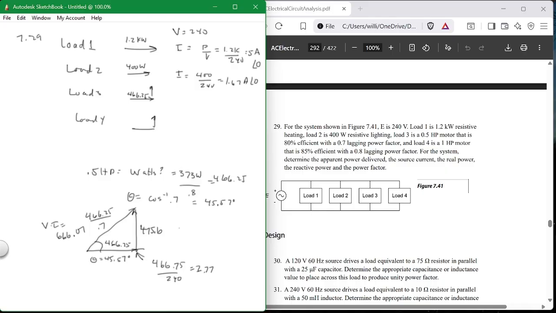And what is my Q, or what is the current here on this side? The amps here is what? 475.6 divided by 240, or 1.98. So what is this current here equal to? 2.77 plus 1.98 j, or an angle of 90 degrees.